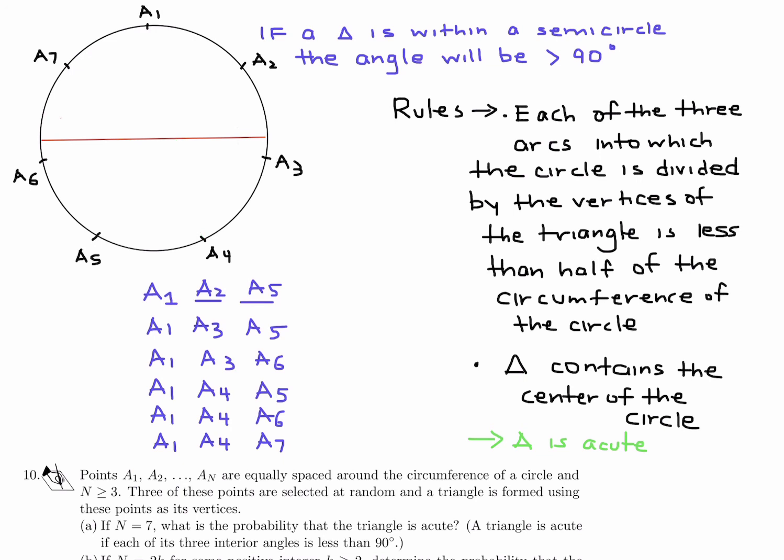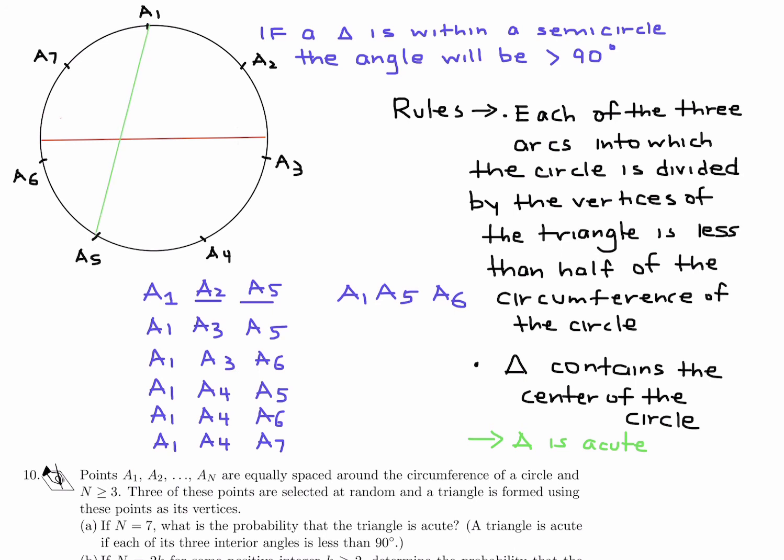A1, now we're moving on to A5s, right? Okay. A5 will be pretty quick because there's only two possible choices, A1, A5, A6, and then A1, A5, A7. Because remember, we can't go backward. We've already exhausted the A2s, 3s, and 4s. We don't need to talk about them. A1, A5, A6.